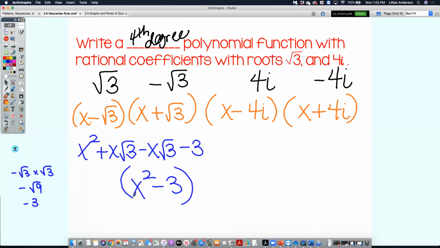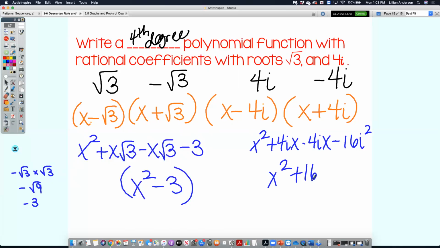Same thing happens over here when I multiply the x minus 4i and the x plus 4i. I'll get x squared plus 4ix minus 4ix minus 16i squared. Again, my inner and my outer term cancel out. i squared is equal to -1, so then this becomes just x squared plus 16, because again, i squared is -1.